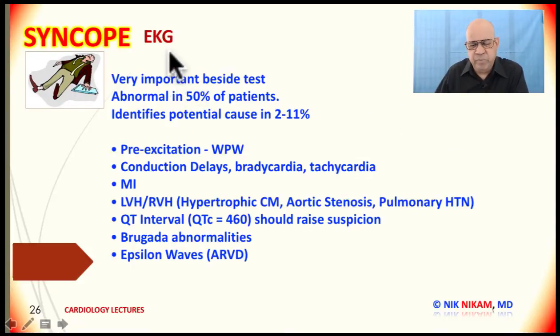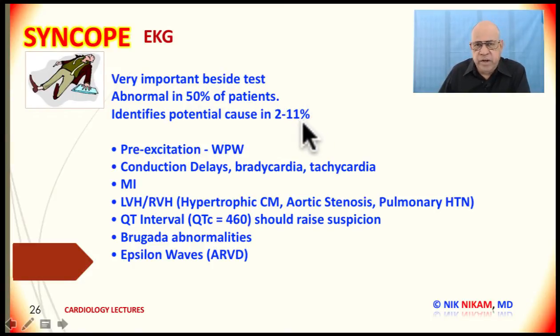Okay, electrocardiogram is very important. It's a very simple test, but it can tell us a lot about what's happening. Electrocardiogram may be abnormal in 50% of the patients with syncope. It identifies potential causes in 2 to 11% of the patients. We are talking basic resting electrocardiogram.